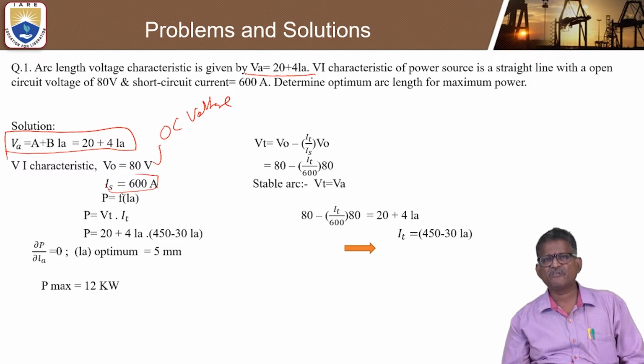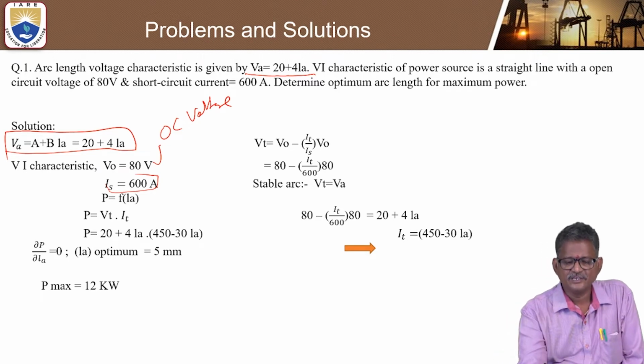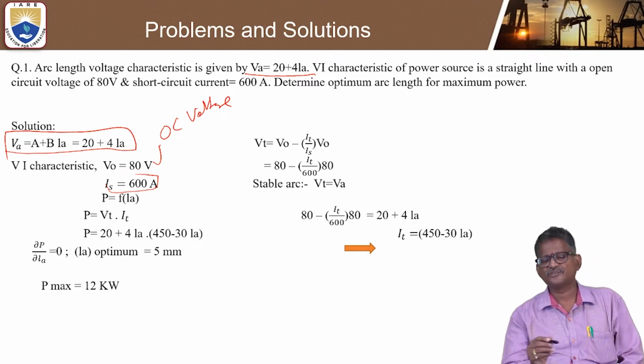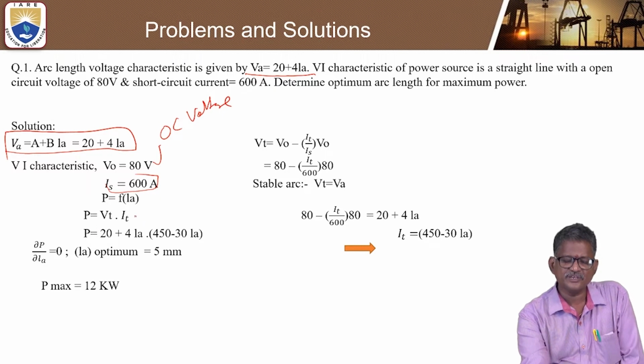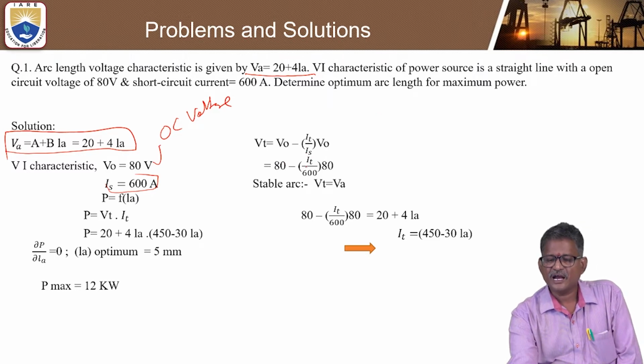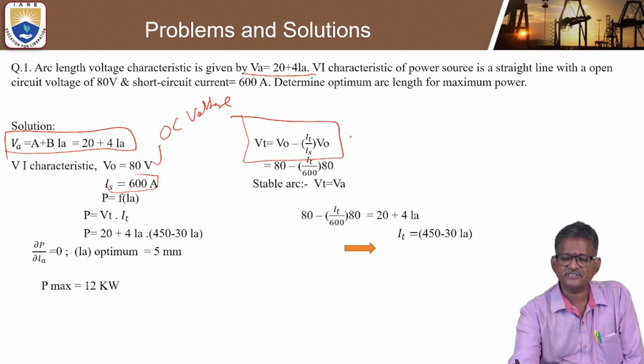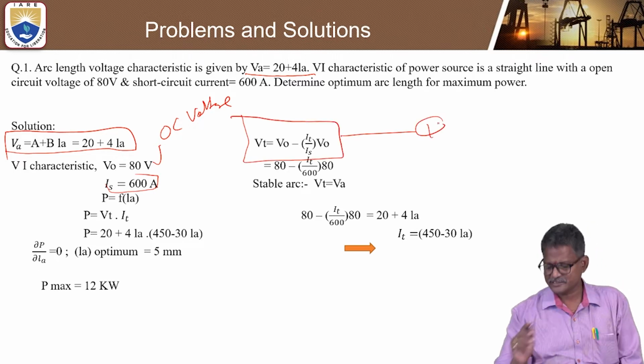We know the power factor is a function of La, and power is equal to voltage into current. Before discussing the current, let us see how the Vt is obtained.